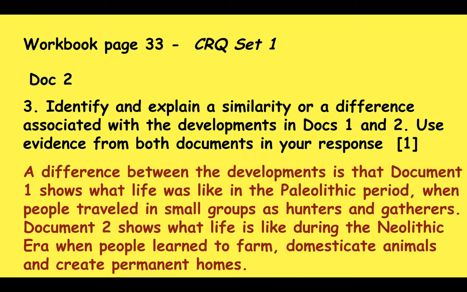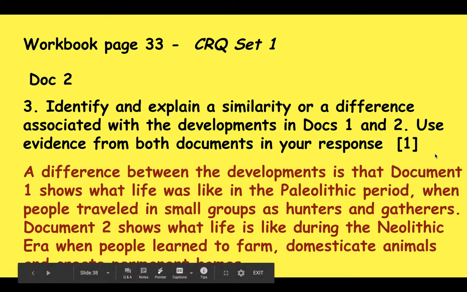They hunted and gathered and traveled on when they ran out of resources. While in document 2, it shows Neolithic people living in permanent homes with domesticated animals and farming. So you said what the difference was, and then you go on to explain it. I kind of did it all in one shot.